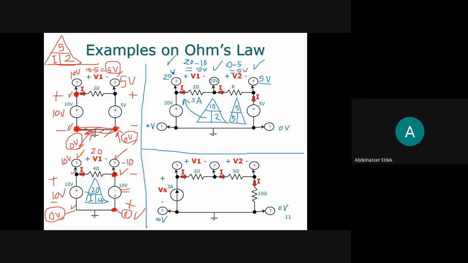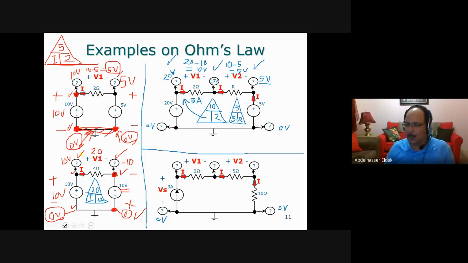The current is 5 ampere, which we just calculated. So now can I calculate the resistance R? Yes, R equal voltage divided by current. 5 divided by 5 is 1. Then R equal 1.